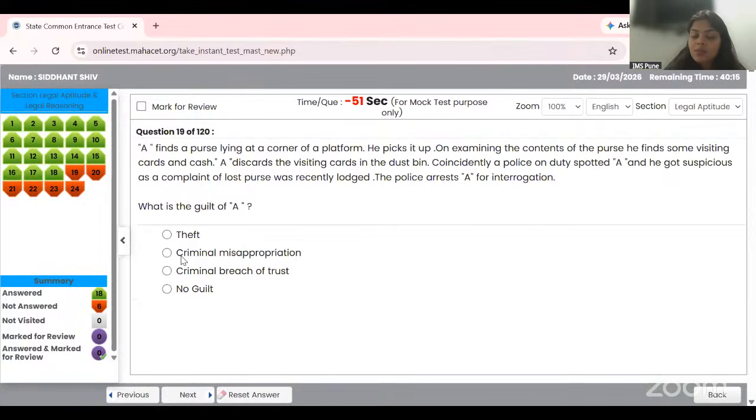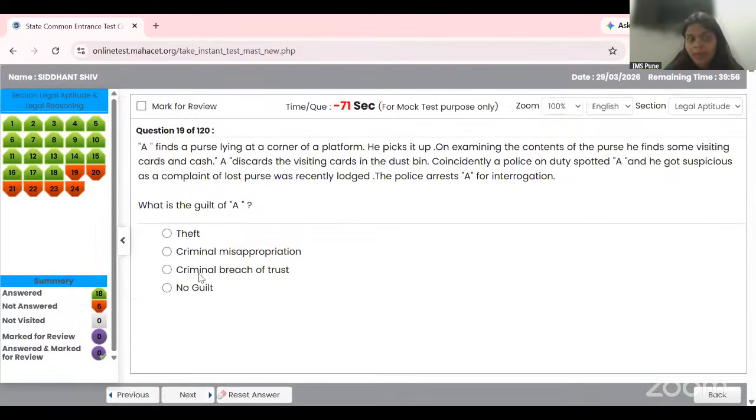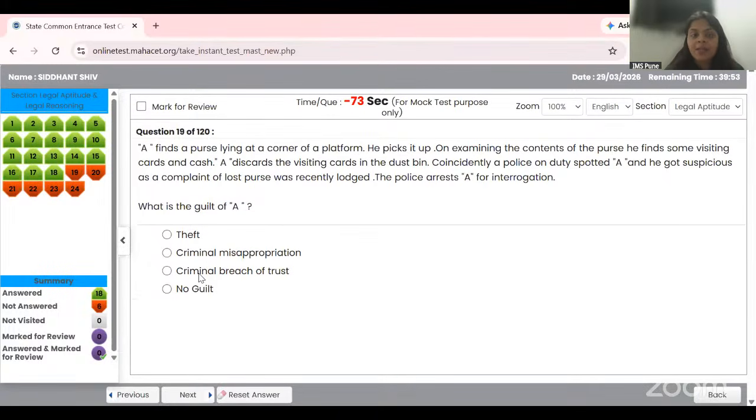Criminal misappropriation, that there is something there and you have misappropriated it. You have harbored the criminal intent, that later on to not give it back or to misappropriate the property. Okay, something was taken by you but the intention was developed at a later stage. In breach of trust, the property is delivered to you and then you develop wrongful intention.